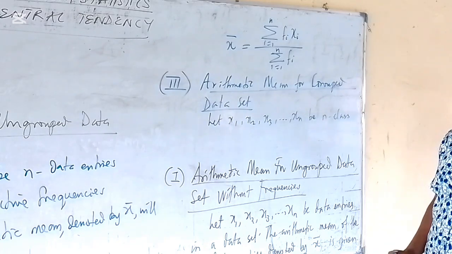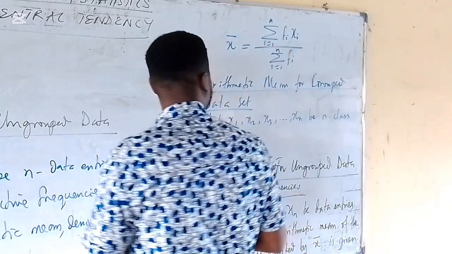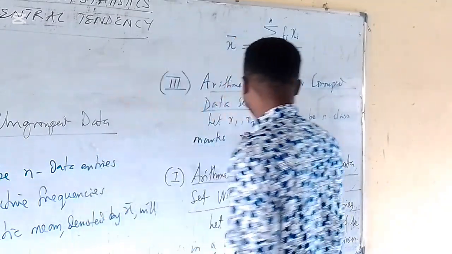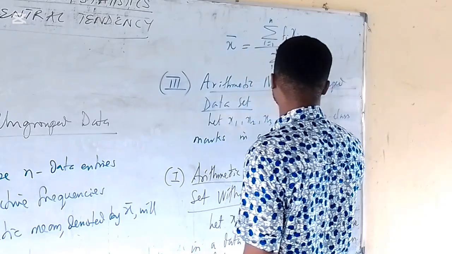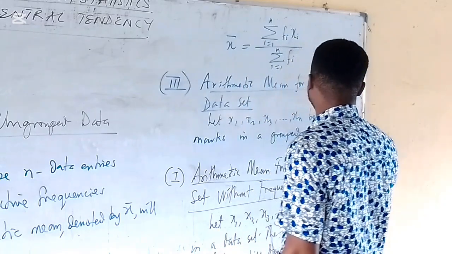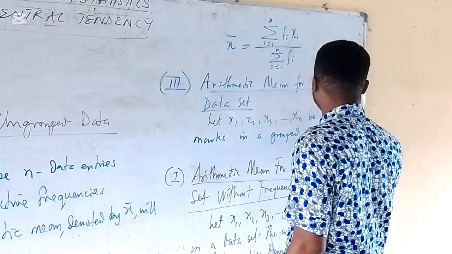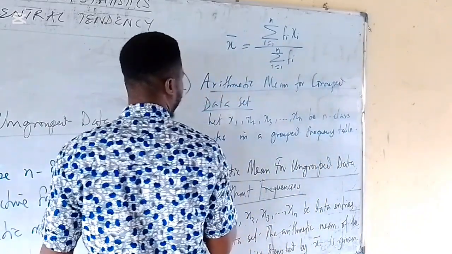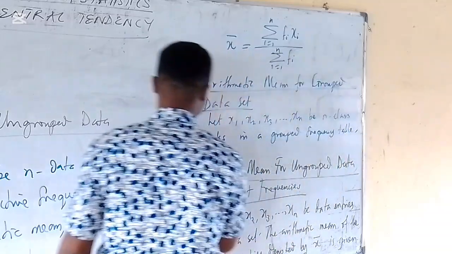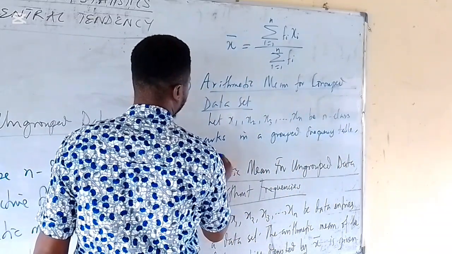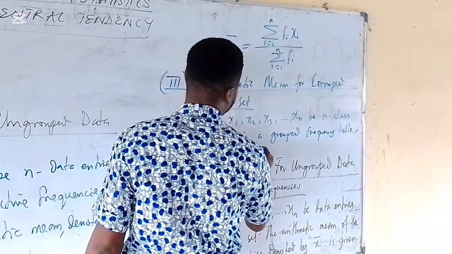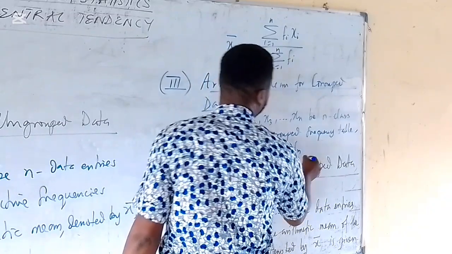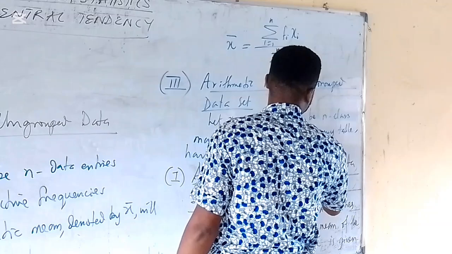Do you see the difference? Be n class marks in a group frequency table, having F1, F2, F3 up to Fn frequencies.